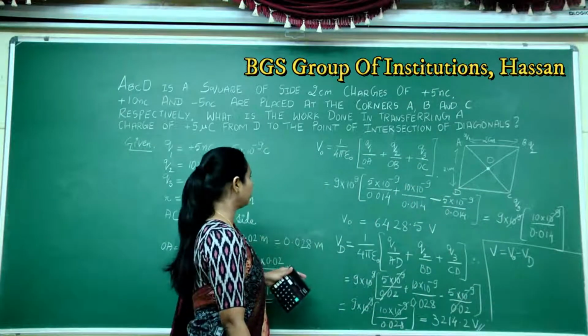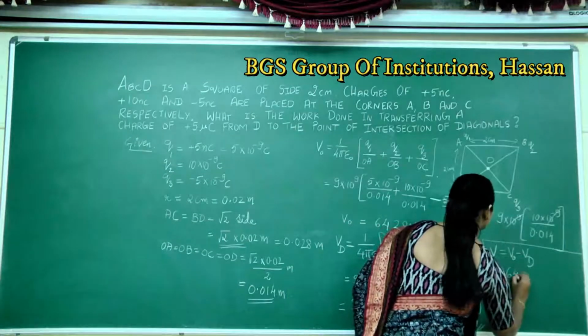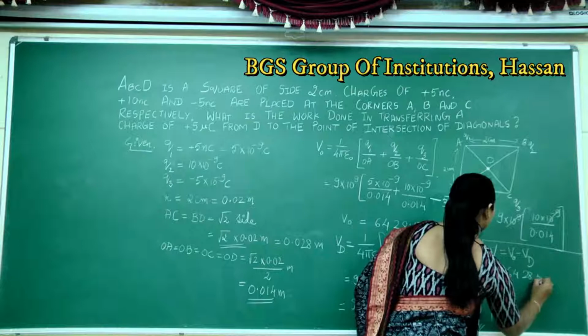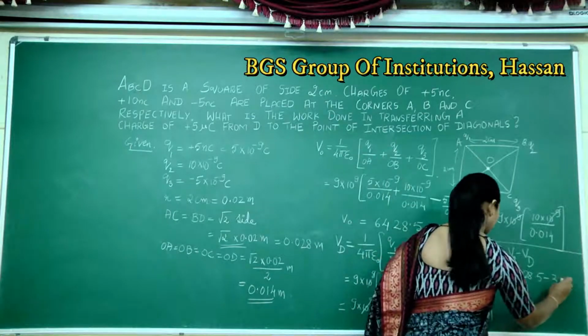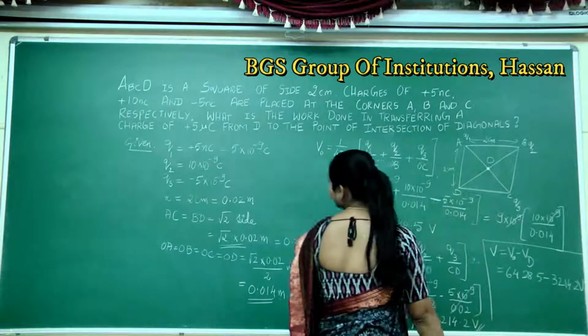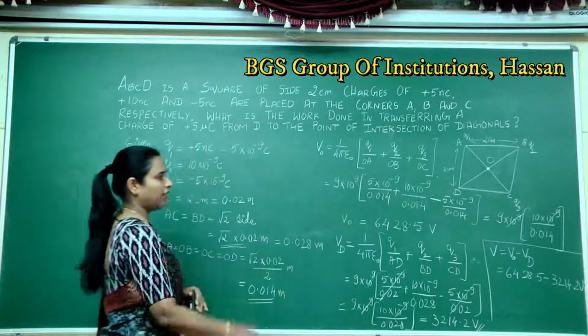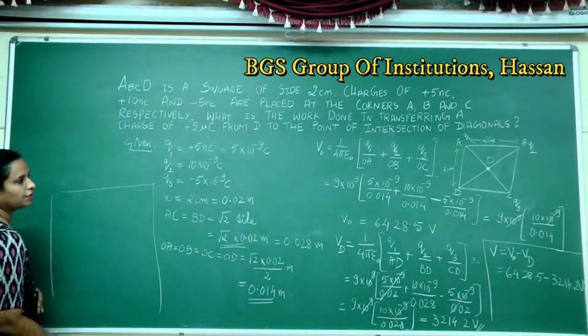So what is VO? It is 6428.5 minus 3214.2 volts, isn't it? So V is equal to, let me write here also if it is not visible for you.